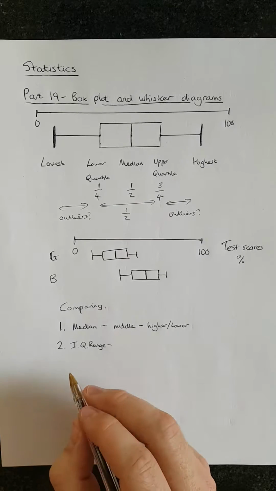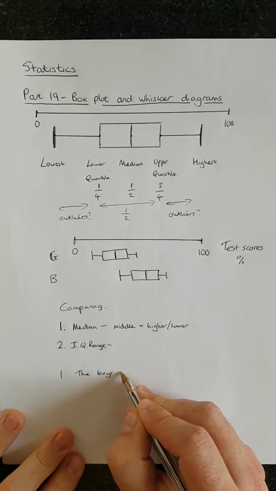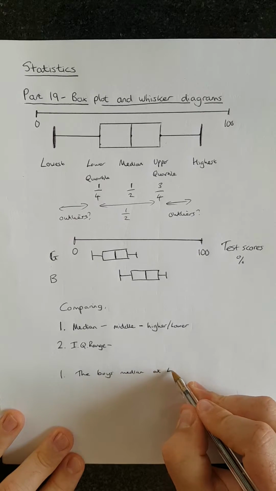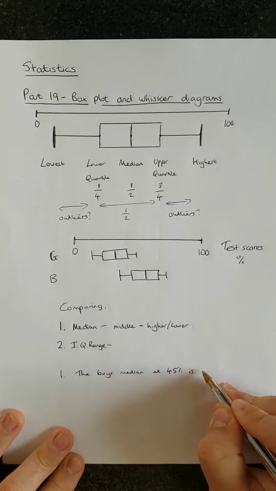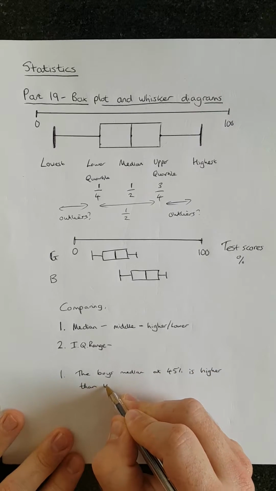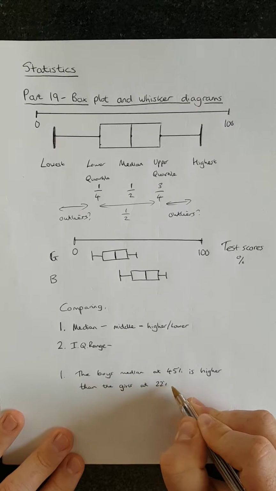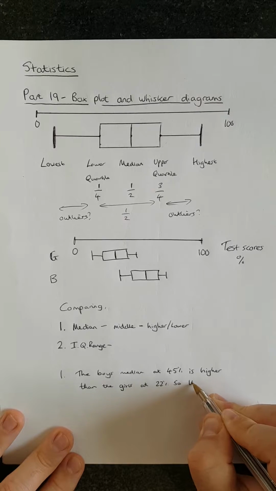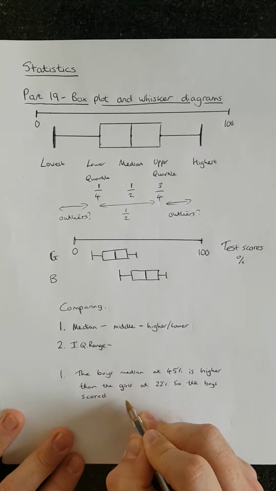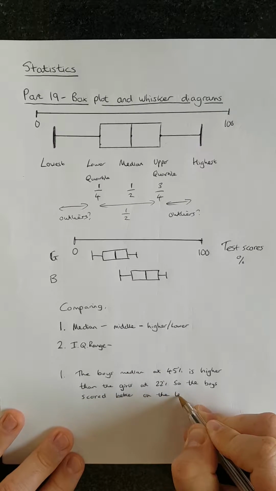So in this case, your sentence would be, the boys' median, and I'll give it a number at 45%, is higher than the girls at 22%. So the boys scored better on the test.